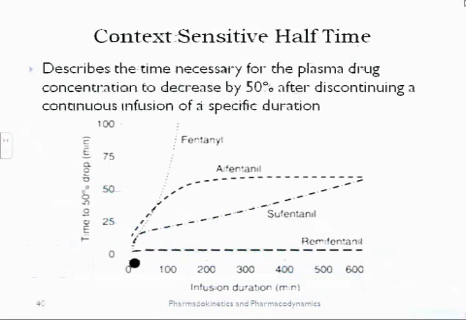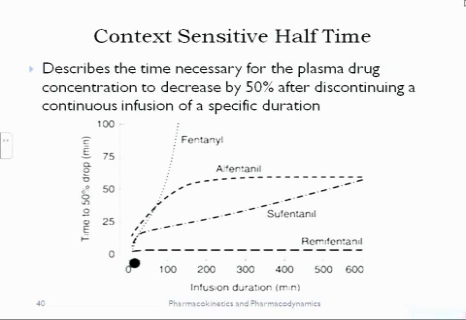Now, what we use next is a concept called context-sensitive half-times. The reason we did this is because these elimination half-times work great for drugs that are pretty much linear in correlation, and they only bind to one tissue.